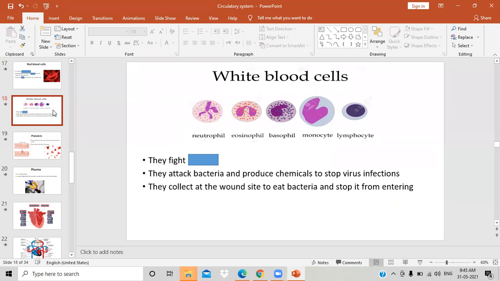I know that you have here different shapes, but I don't really care about how they look this year. Maybe next year you will have to know their shapes. But this year, I just want you to know what the white blood cells are and what their job is. Their job is to protect your body from any foreign material that gets into your body, specifically bacteria and viruses.